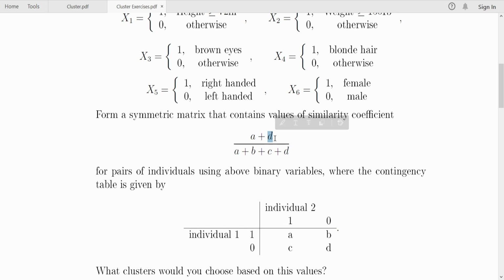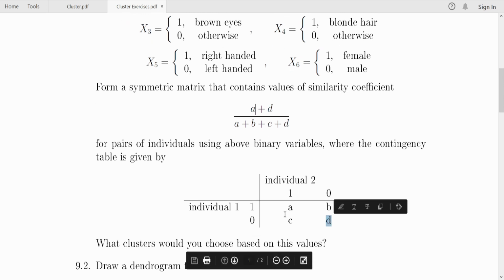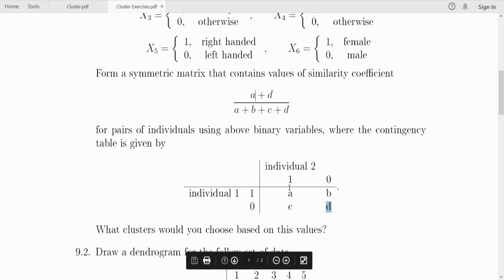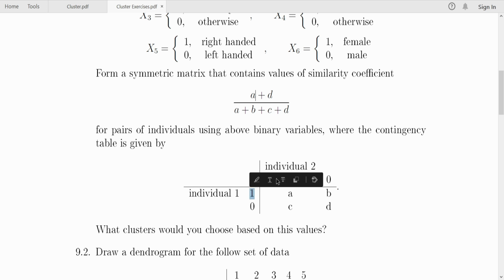So we do not want 0, 0 matches, because it means that they both don't have that characteristic. But for example, if two individuals both don't like blue color, it does not necessarily mean that they're that alike. But if they both like some specific book or love a specific type of movies, for example Marvel or anything, and they both love it, then they're likely to be alike.